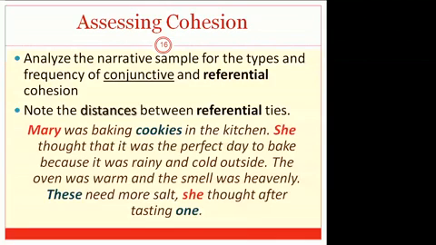The words these and one stand in place of the more specific noun cookies. Using these pronouns creates a tie in the mind of the listener back to that original, more specific noun. Therefore, in this sentence, we have these elements of referential cohesion.